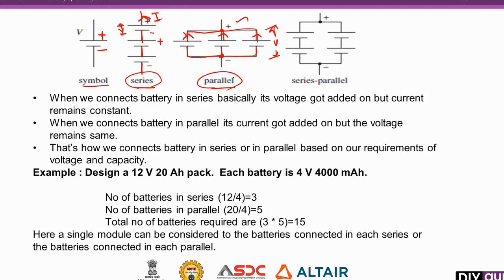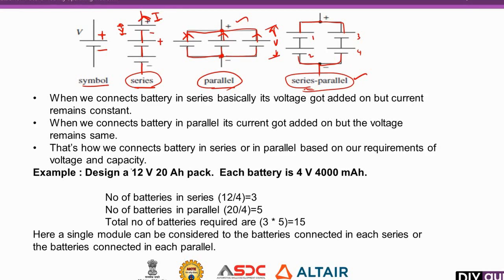But for practical application, we require both series as well as parallel connection. This diagram is the combination of series and parallel battery connections. See here, batteries 1 and 2 are in series. Again, 3 and 4 are in series, but the combinations are connected in parallel.